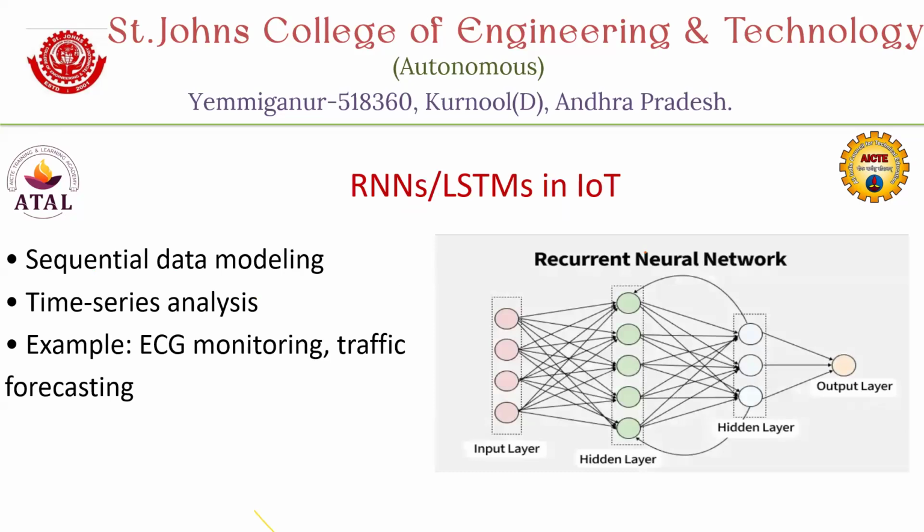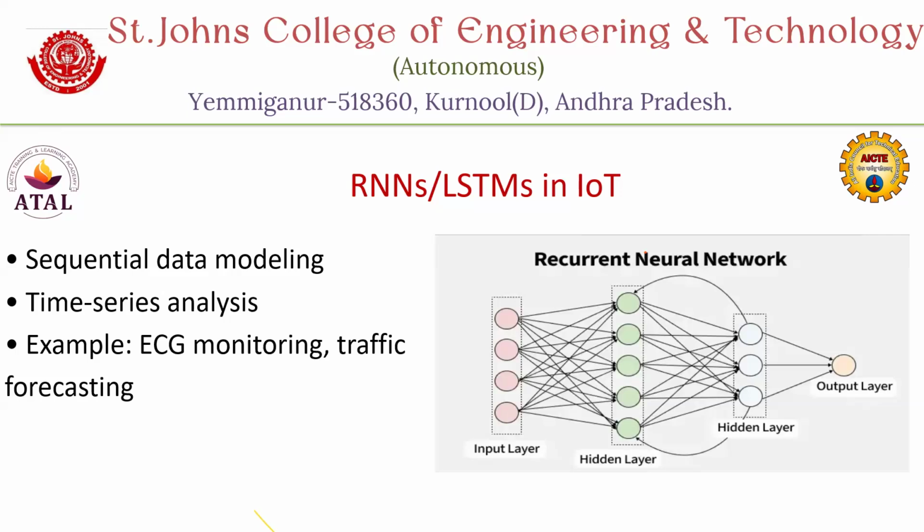Next comes the recurrent neural network. The recurrent neural network is used for analyzing time series data. It is mainly used for the modeling of sequential data. I'll give one example. Let us assume that I'm writing a sentence: "Mera Bharat Maha".